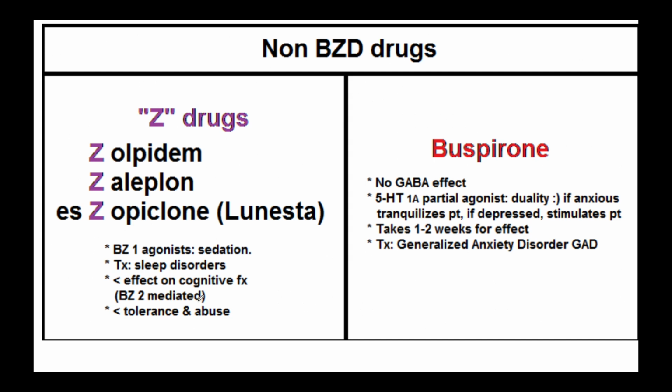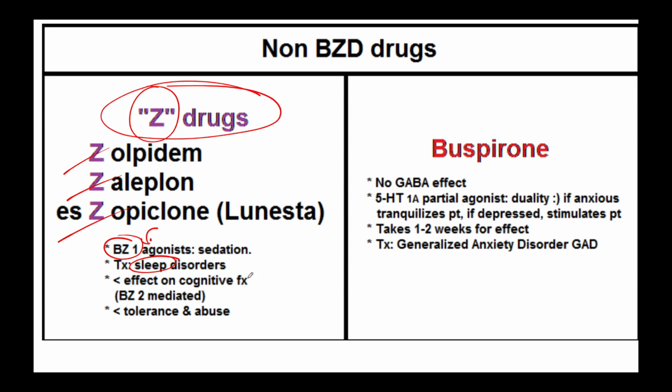So now what are the non-benzodiazepine drugs you need to remember? Z class drugs. You can remember Z for non-benzodiazepine, Z for zolpidem, Z for zaleplon, Z for zopiclone. They are all benzodiazepine 1 receptor agonists. They are used to treat the sleep disorders.